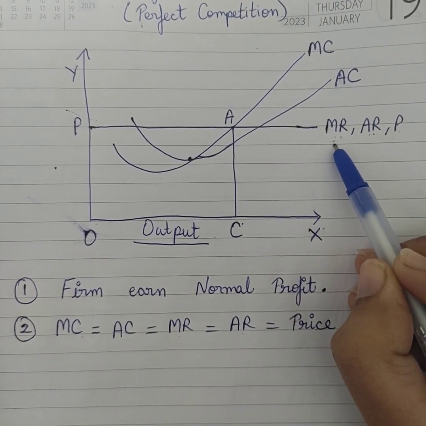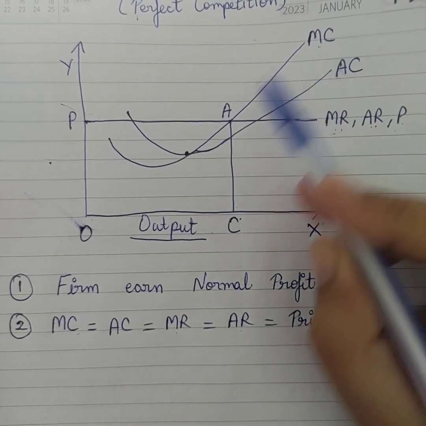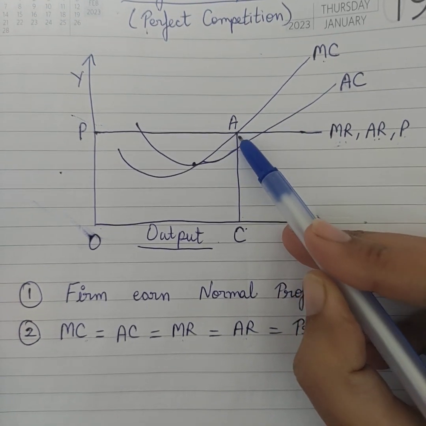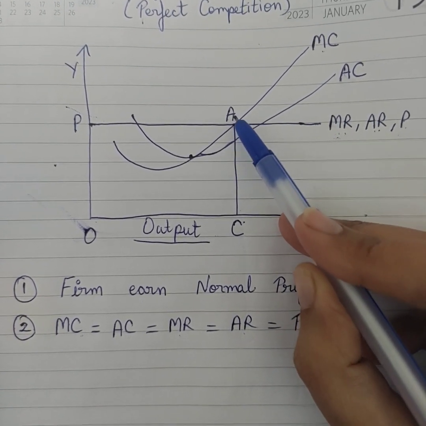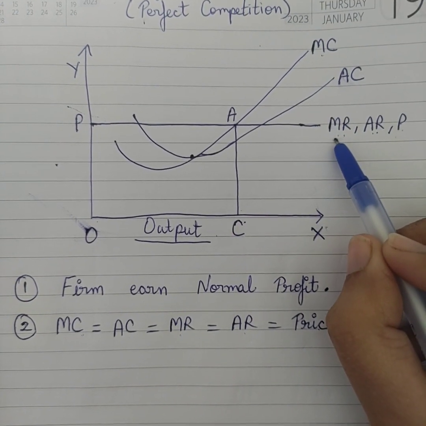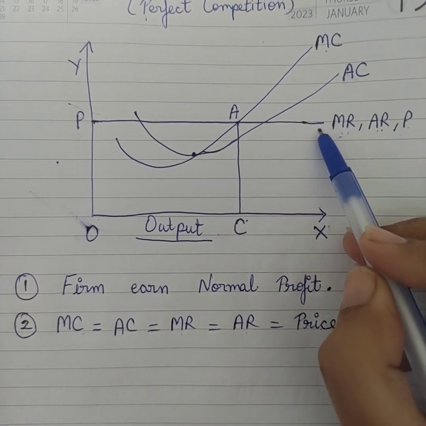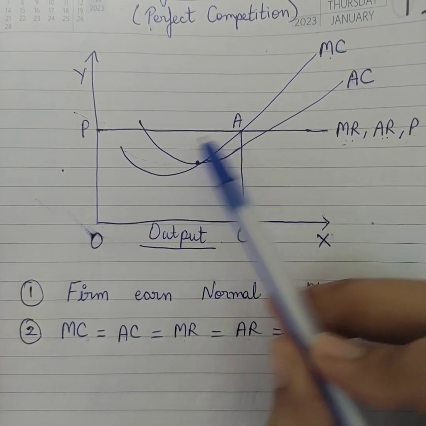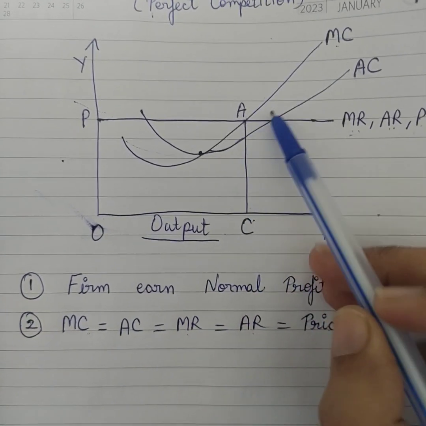where marginal revenue is equal to marginal cost, correct? This is the point of equilibrium. At equilibrium, as I told you earlier, marginal cost is equal to marginal revenue, and another prerequisite is that the marginal cost curve should cut the marginal revenue curve from below.